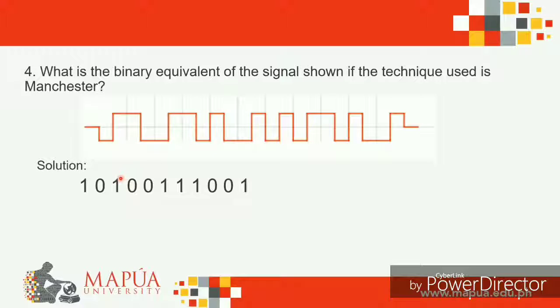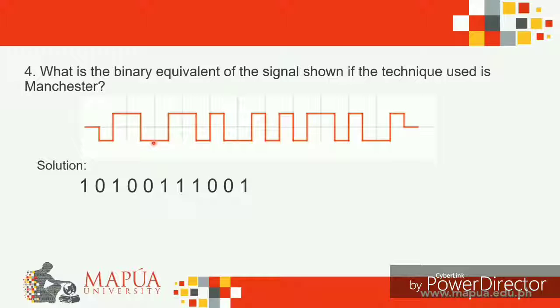We have the solution of 10100111001. This is because in the first part of the signal, we can see that the state went from low to high, therefore the first bit value is 1. And it went from high to low, so the next value is 0.